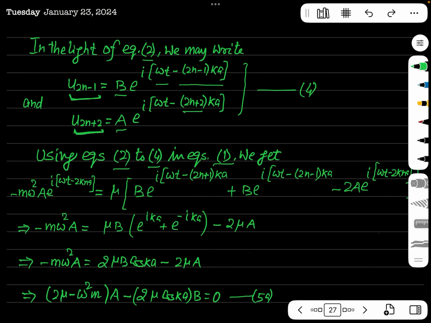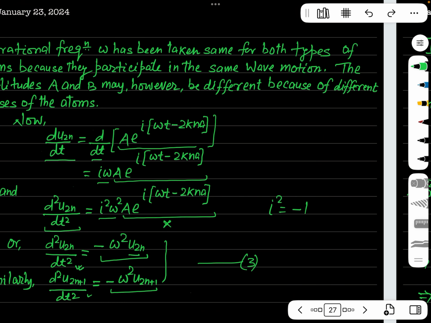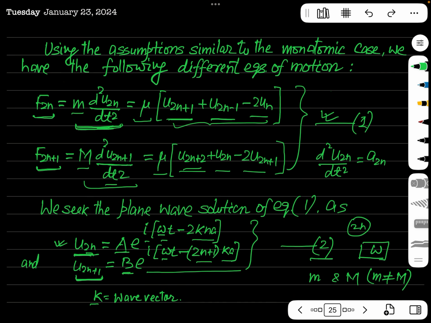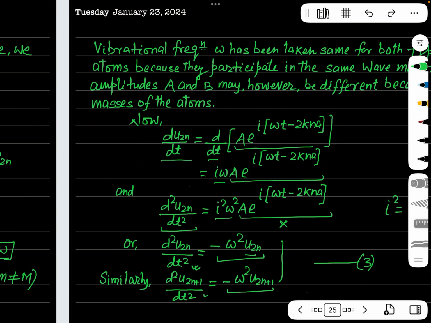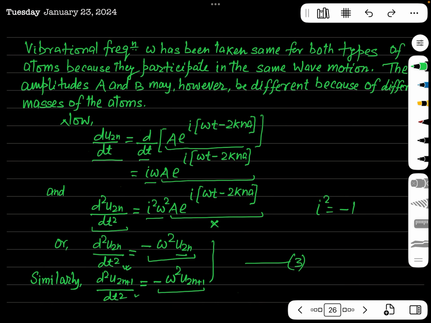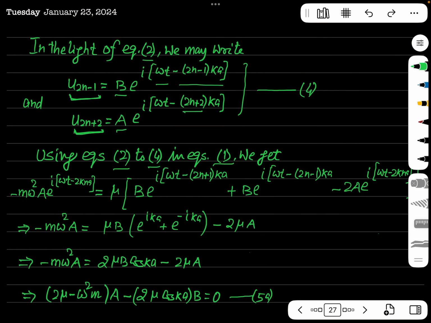You can see your equation 1 is m times d2u2n by dt square. But we have seen that d2u2n by dt square is equal to minus omega square u2n. So this will be minus m omega square u2n.